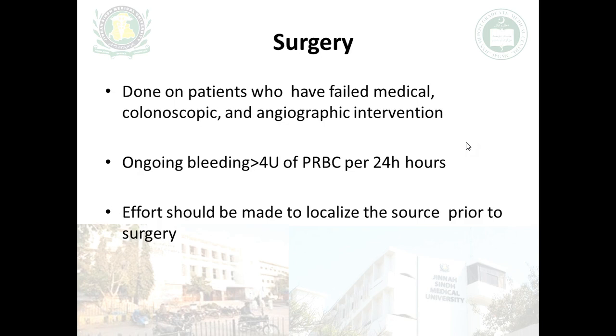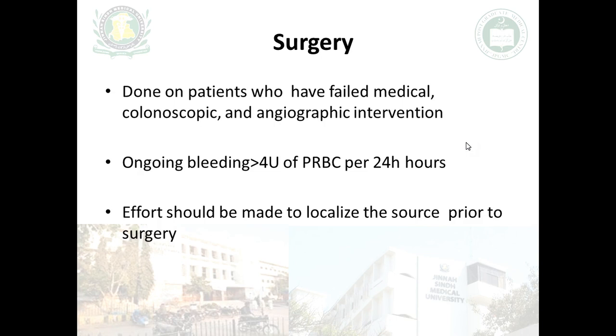In cases of malignancy, you need the surgery. Or a patient who has inflammatory bowel disease, and there are some conditions like megacolon, or ongoing active bleeding which cannot be stopped by drugs, medicines, or angiographic interventions, then we should go for the surgery.